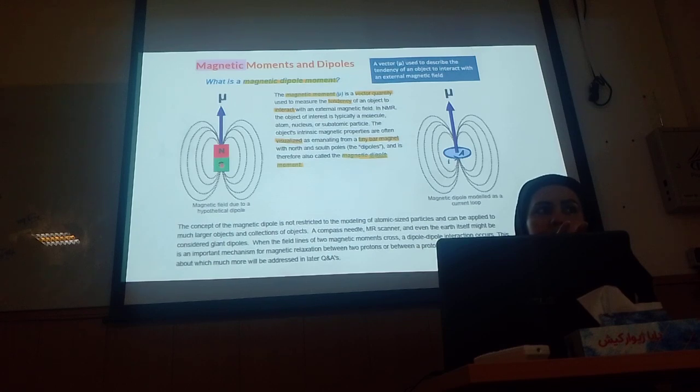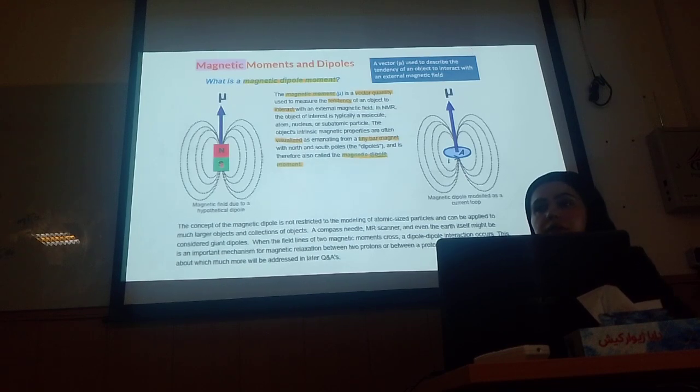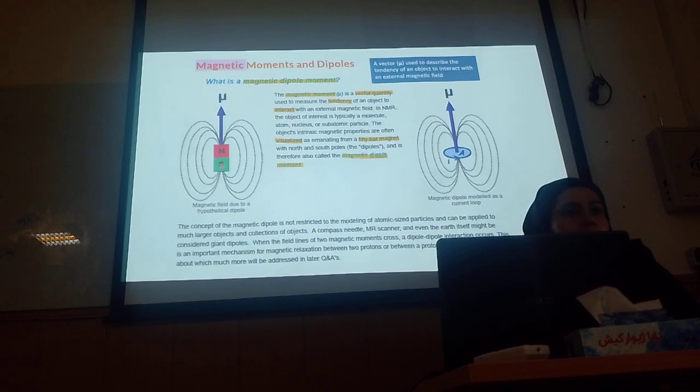Nitrogen. But we might have a question: how can we predict the spin of a nucleus? How can we predict?